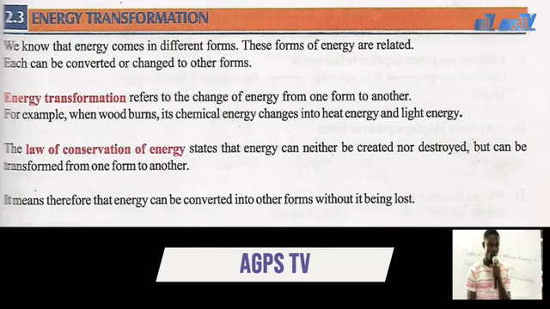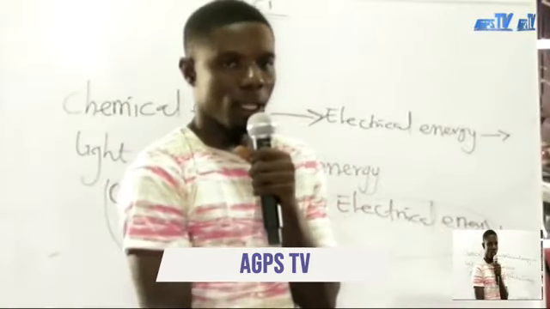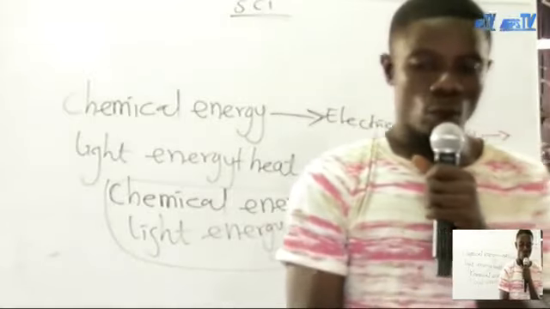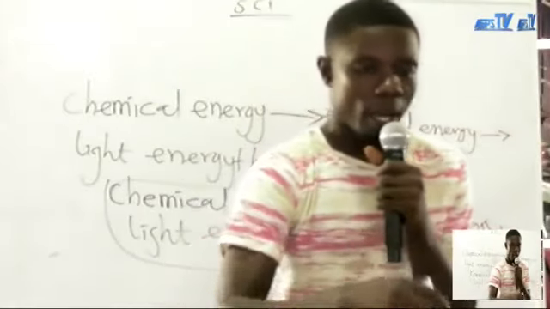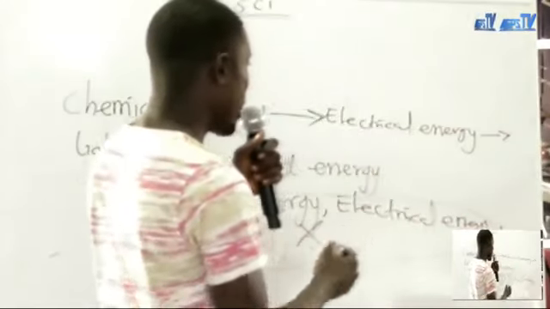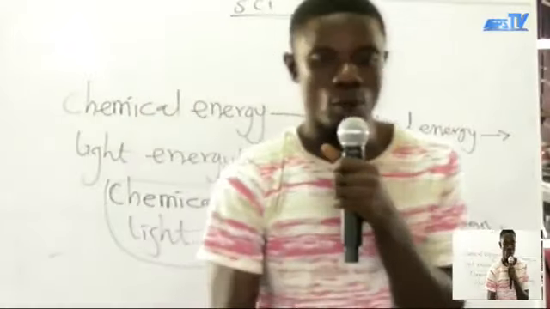I give you a typical example. If you go to the kitchen, we have a gas cylinder there, we have a gas cooker over there. Now, the cylinder contains the gas, and the gas also contains what? We have chemical energy in the gas. So here, the chemical energy will be converted to what? Heat energy, so that it will help you to prepare your food.